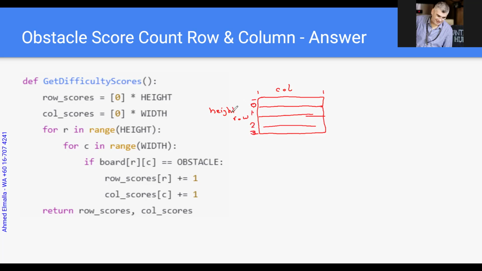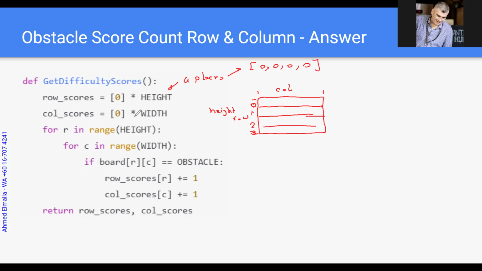If the height has 4 rows, then the row scores needs 4 places, or the size becomes 4. So initially we create 4 zeros, so this line will produce something like 0, 0, 0, and 0.